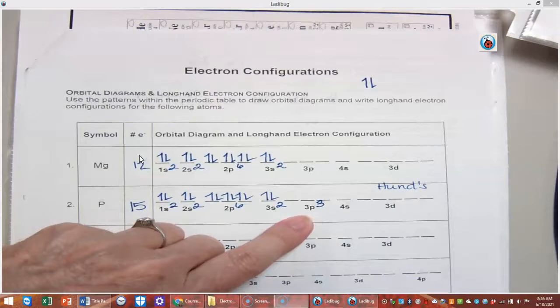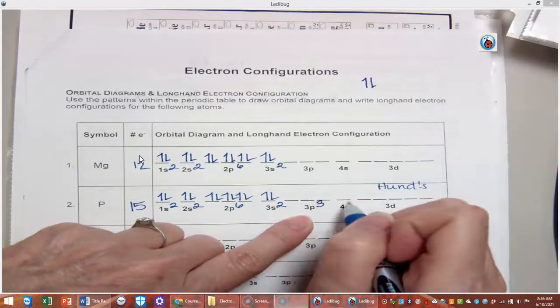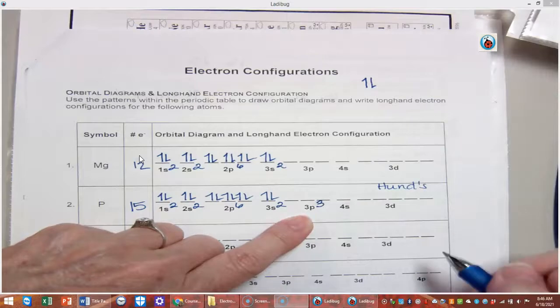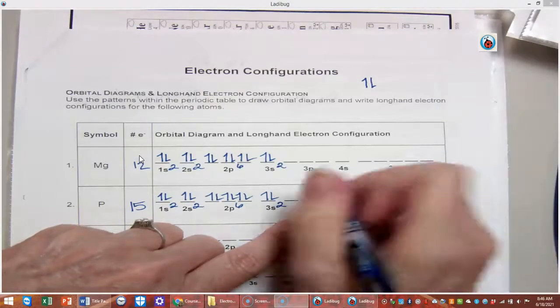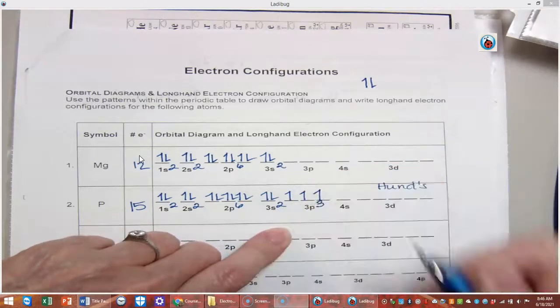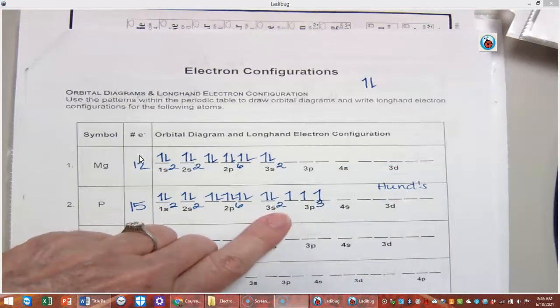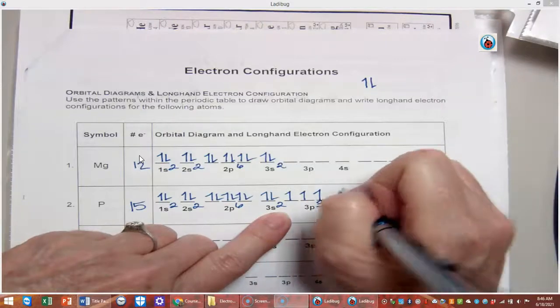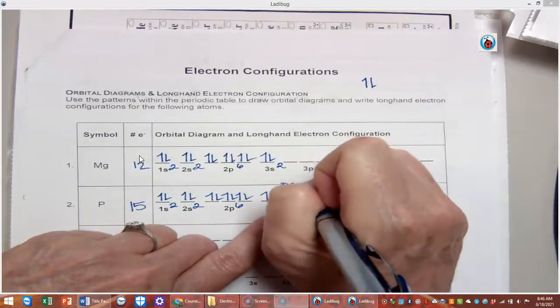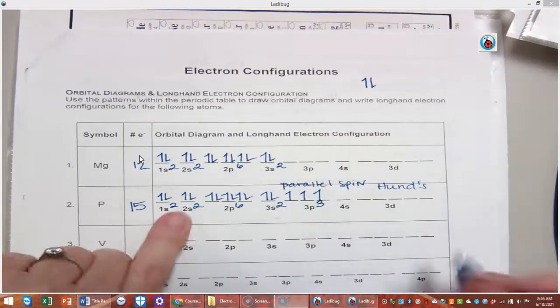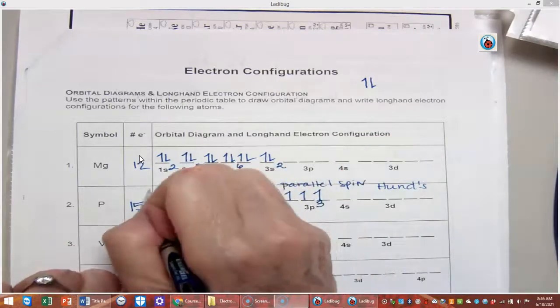It says we're going to fill up the empty orbitals before we share. I call it the bus rule, like you're getting on the bus. You're going to fill up the empty seats before you have to share a seat. So we are always going to go 1, 2, 3. We're not going to share. And these are all going the same direction, so we call this parallel spin, whereas these are in opposite spin.